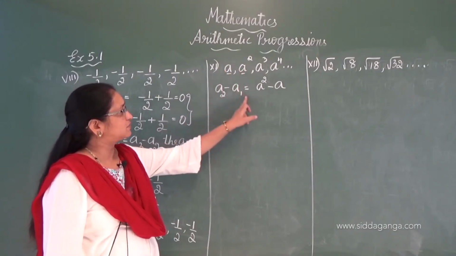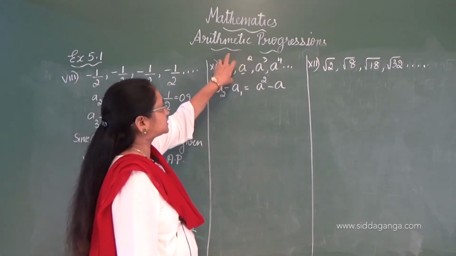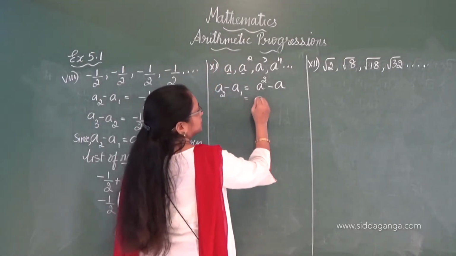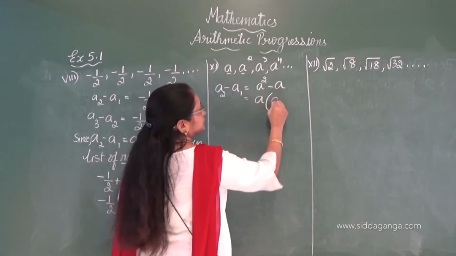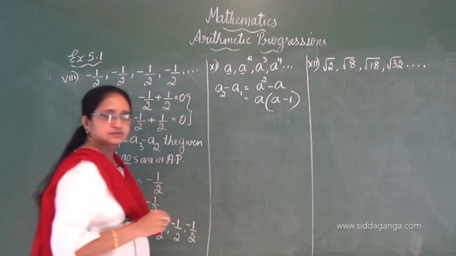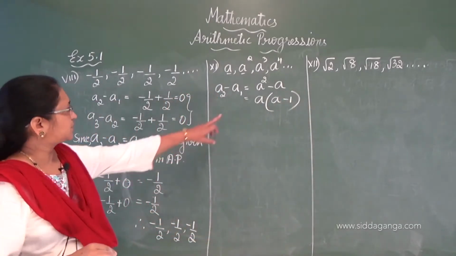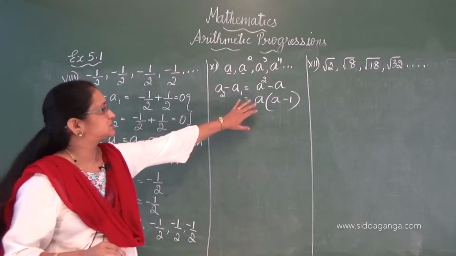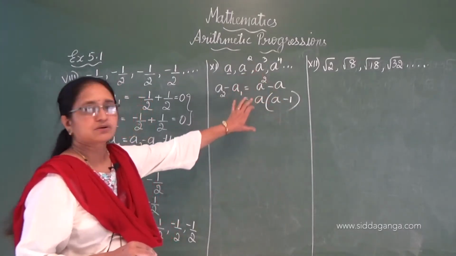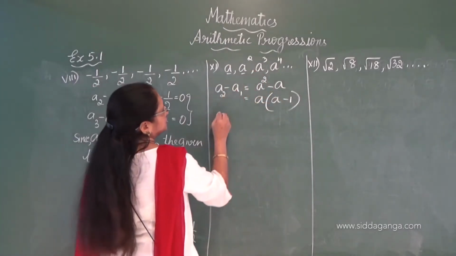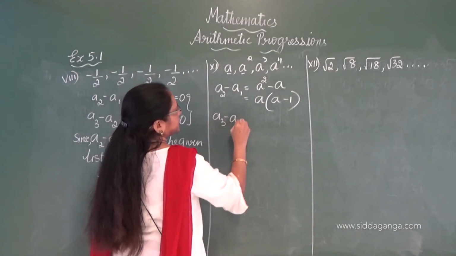A2 minus A1 is equal to A square minus A. So here I will take A common, so A minus 1 remains. Because we are not getting any value, we have to decide on this basis only whether it is in AP or not. Next, A3 minus A2.